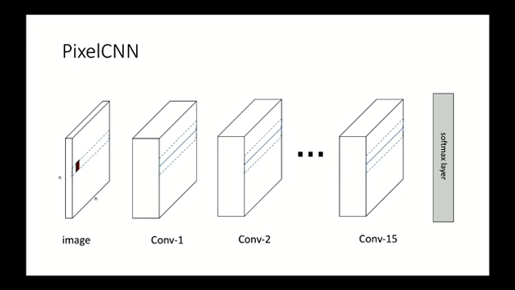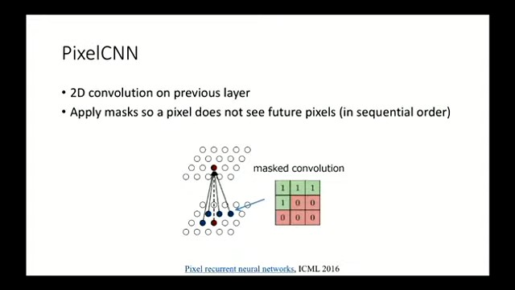So pixel CNNs only take inputs from one space. It only takes inputs from the previous layer because we want to simplify the whole structure, because recurrent neural networks take too much time to train. So what we do is, if we want to generate this brown pixel, we just take input from the neighbor pixels in the previous layer, and so on and so forth, and we can get this pixel generated.